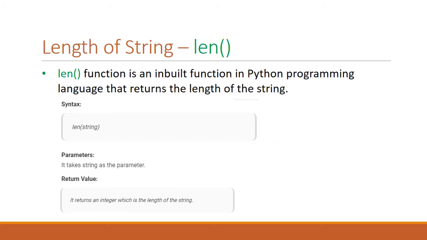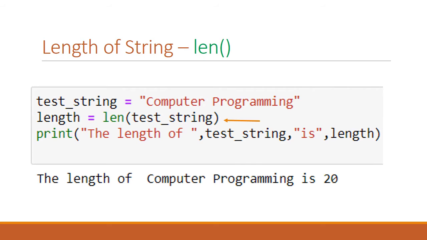The length function, len, is a built-in function in Python that returns the length of a string. So the parameter is the string, and an integer is returned that represents the length of that string. Here's an example of a code segment that leverages the length function.